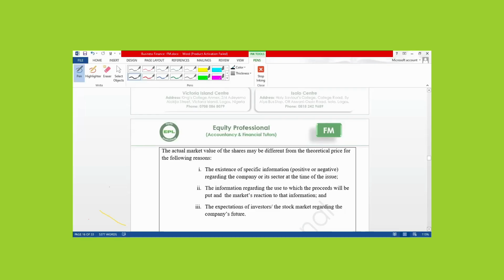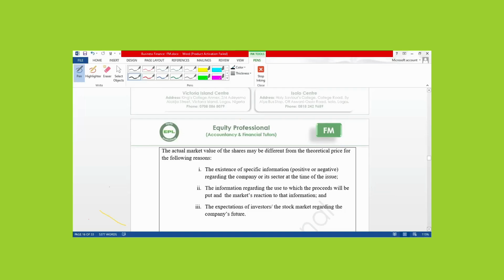That this company is trying to do a right issue to raise 50 million so as to expand its product range. If the market reacts positively to that information, the actual share price will rise above the theoretical exit price.